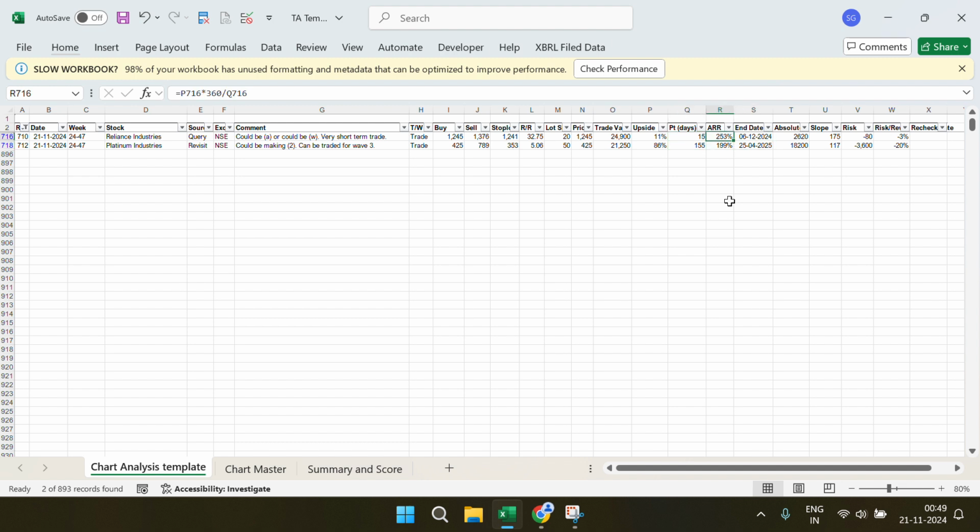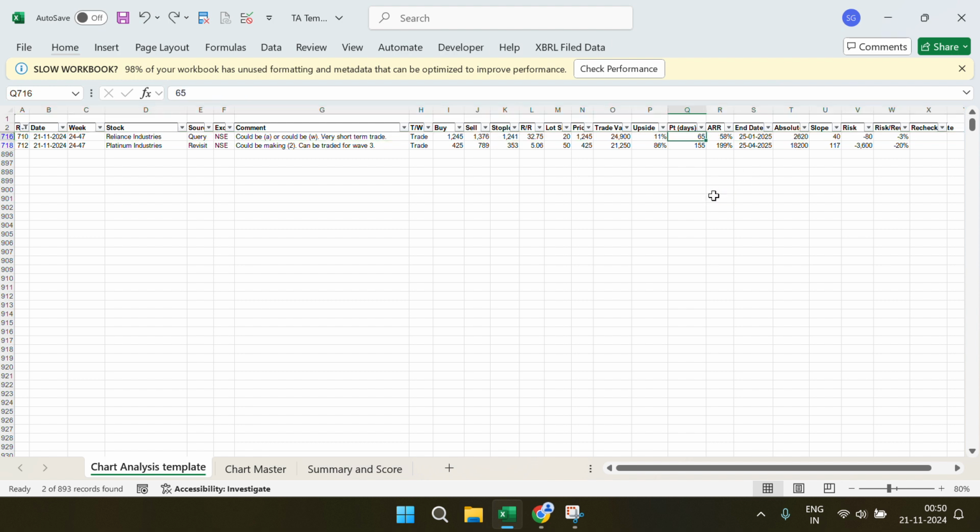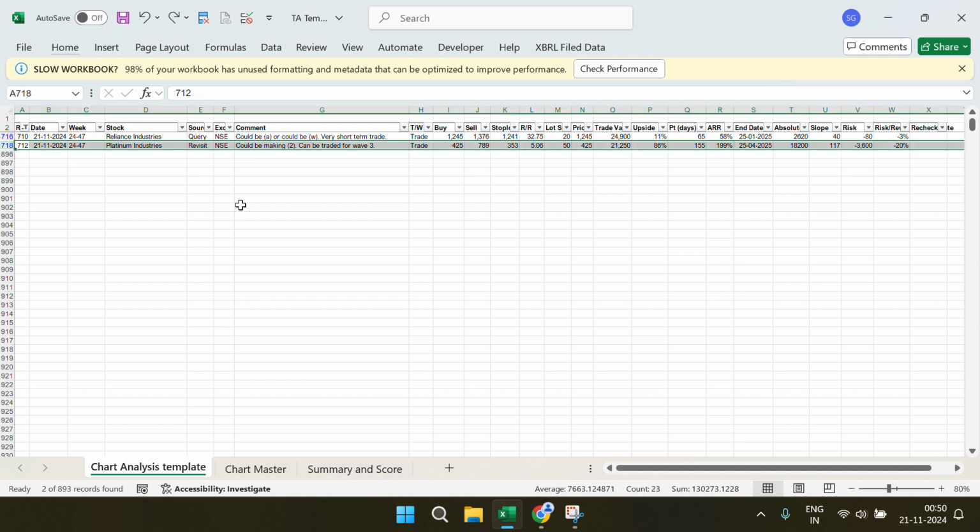Now in this case, this could have been a clear winner. That okay, I'm expecting 11% in 15 days, ARR 253%, risk is very low, absolute profit is decent, go for it. But now because I have a trade which I'm expecting not so great returns compared to the second one, I'm slightly tilted to go towards the second trade that I'm hoping.